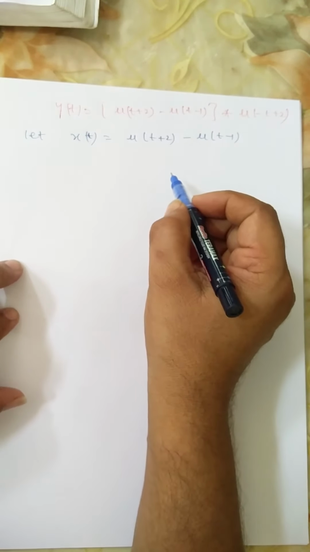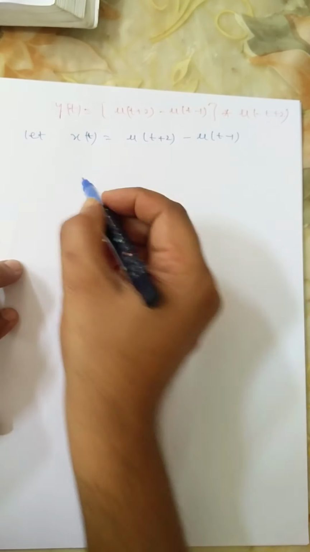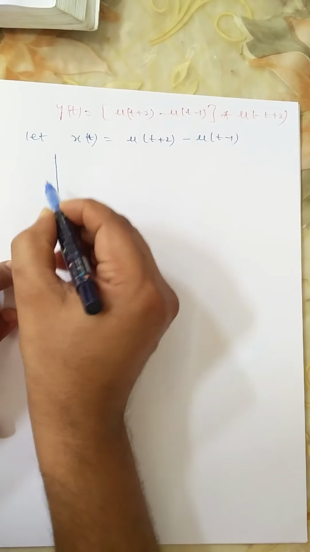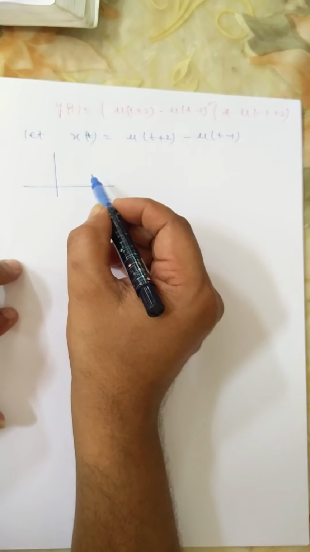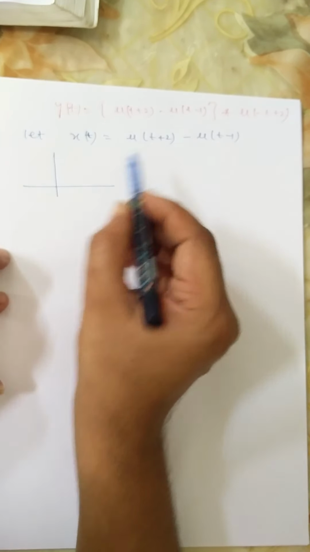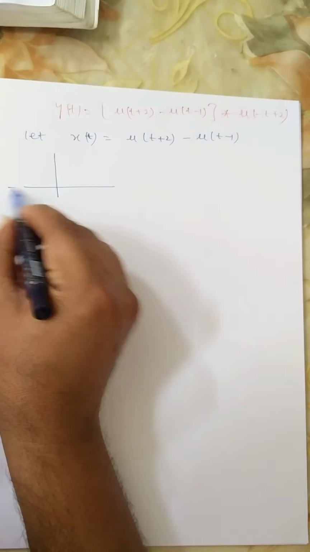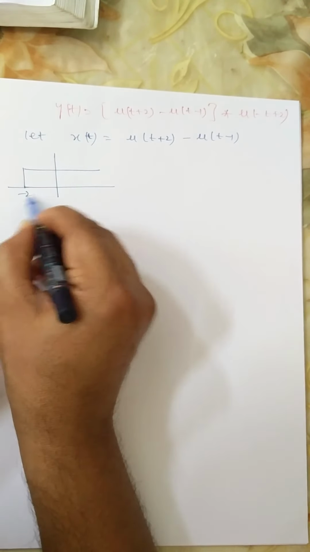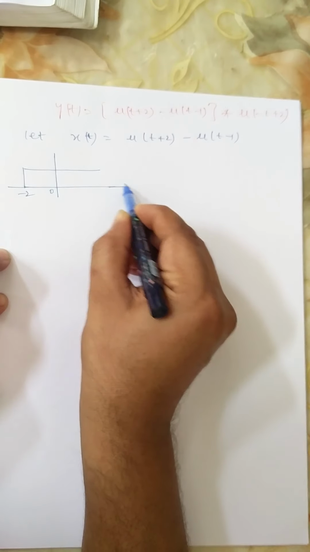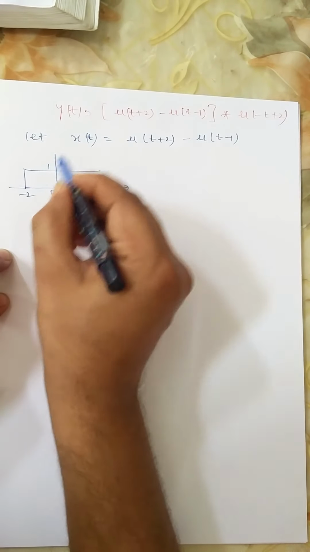Let us draw the input signal x of t here. U of t plus 2: u of t value is 1 when t is greater than or equal to 0. U of t plus 2 is the signal shifted to the left by 2 units, starts from minus 2, ends at plus infinity. This value is 1.